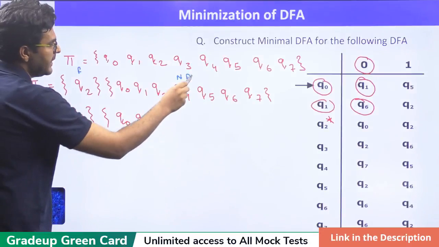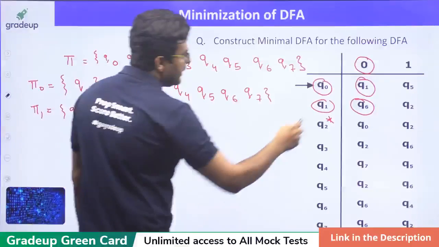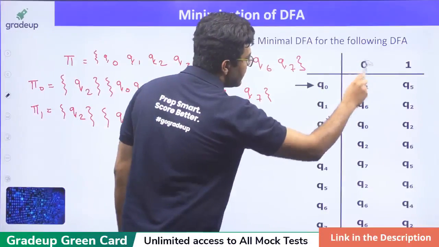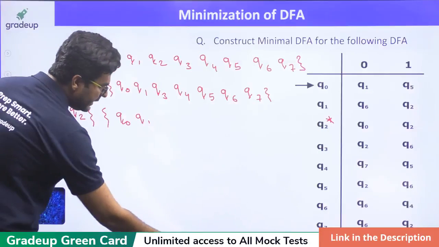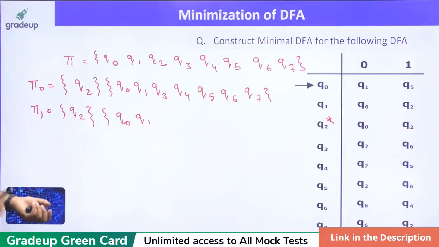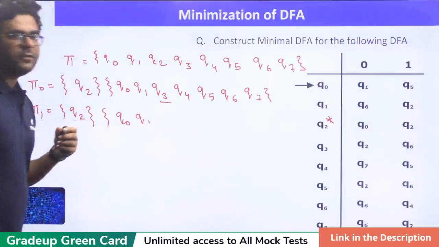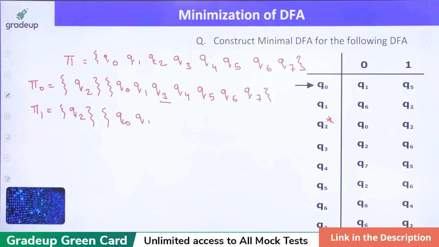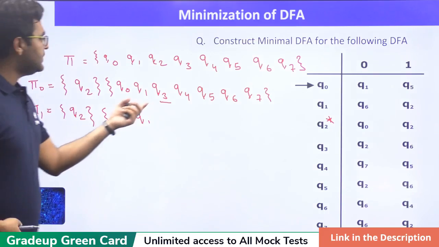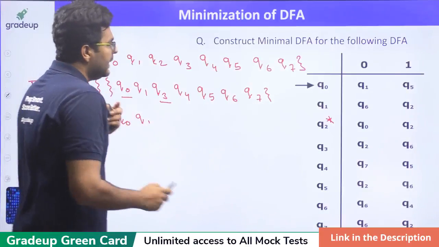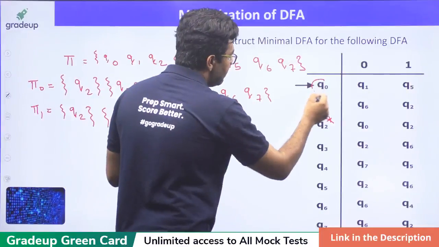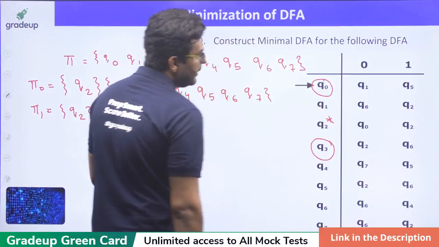I hope you are understanding this stuff, and I'm explaining it in an easier way. Next we need to check for Q3. Now check Q3 with Q0. Is it possible to keep Q3 with Q0?